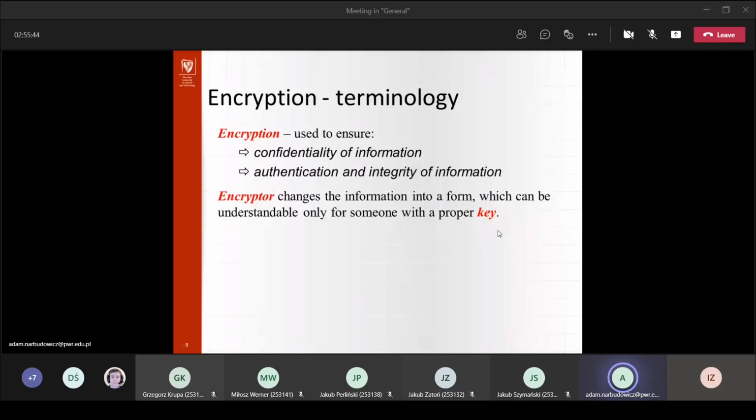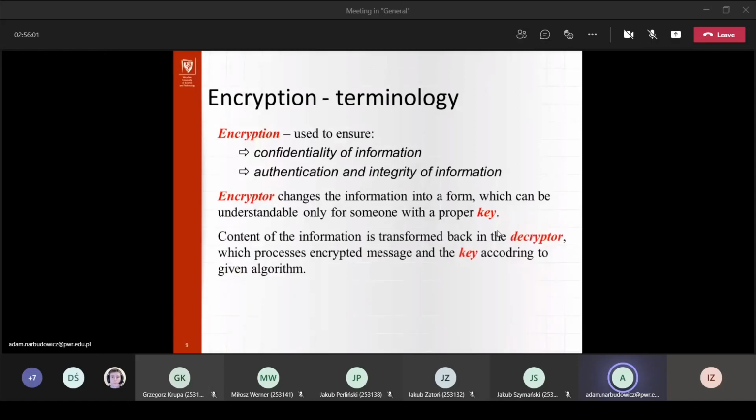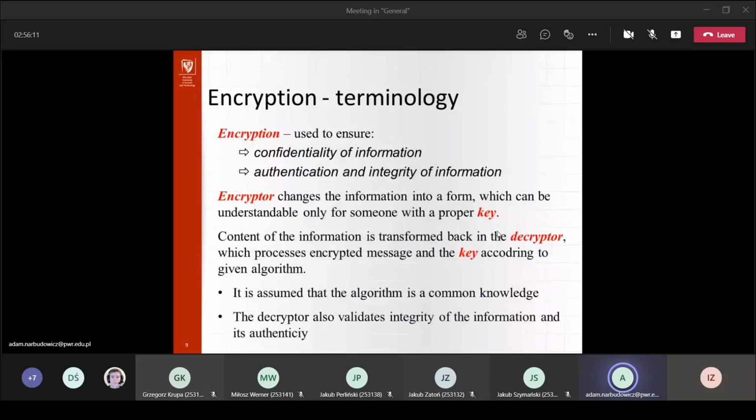Basically, the information content in the encrypted signal is actually the same as before the encryption. It's just less understandable. And then of course the content is transformed back in the decryption, but only in the presence of a unique key.